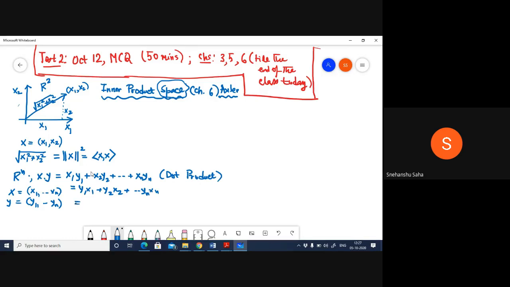So as a natural extension of the dot product, I can say that the inner product of x and y is nothing but the inner product of y and x, or the dot product of y and x if we are in the set of real numbers.